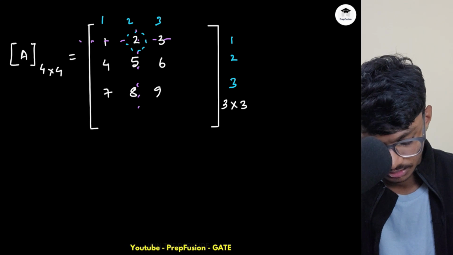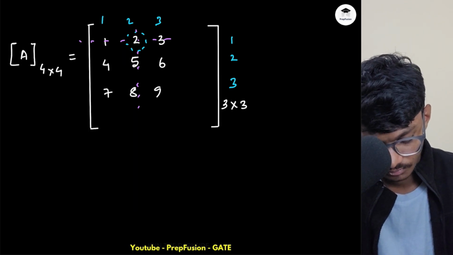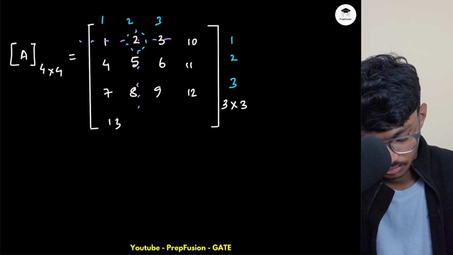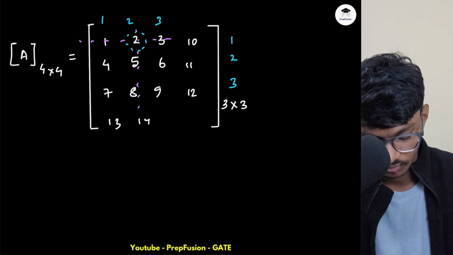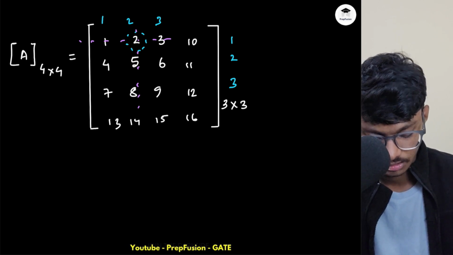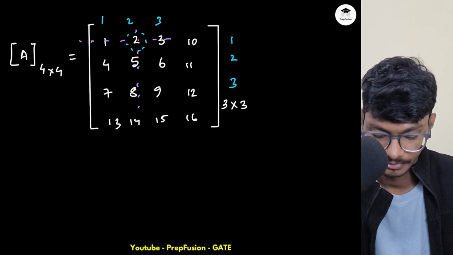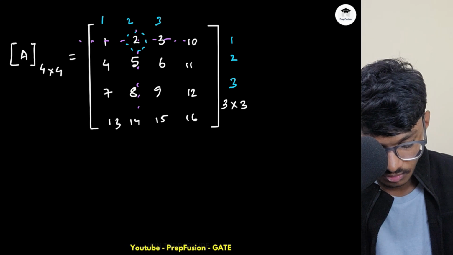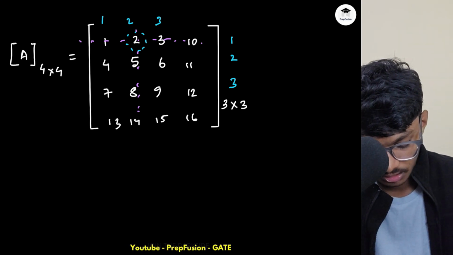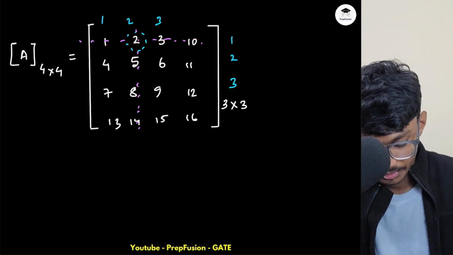Let me write this as 10 11 12 13, anything, just out of my head, 14 15 and 16. Now what will be the minor corresponding to the A12 element? Again I have to totally cancel all the elements on that column and on that row. So again I will copy this thing.